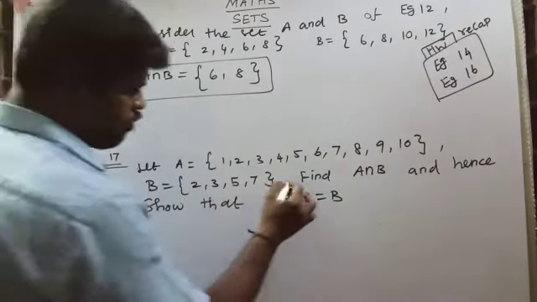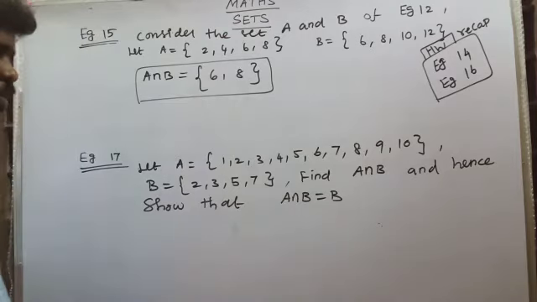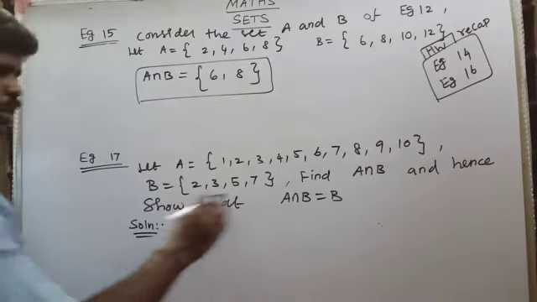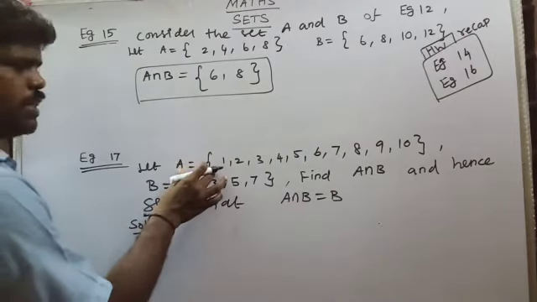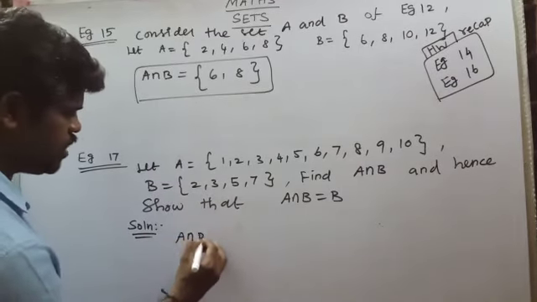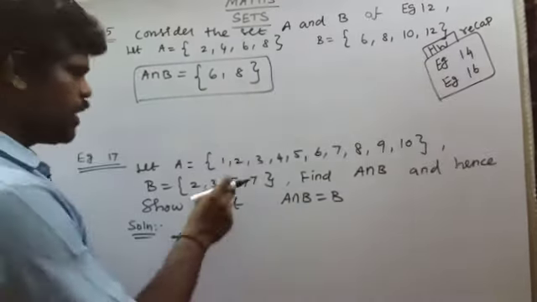Find A intersection B and hence show that A intersection B equal to B. First of all, we have to find A intersection B, which is the common elements in A and B. What is the common element here? 2, 3, 5, 7 is in B. So 2, 3, 5, 7 is the common element.